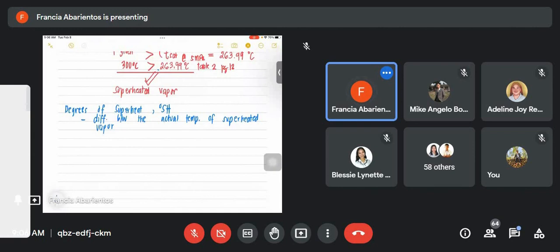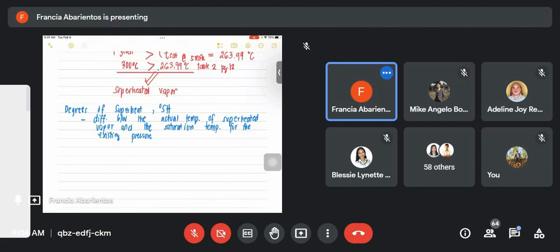and the saturation temperature for the existing pressure.